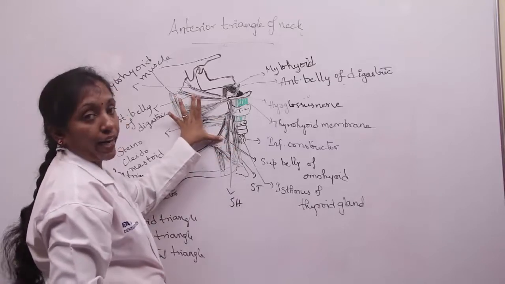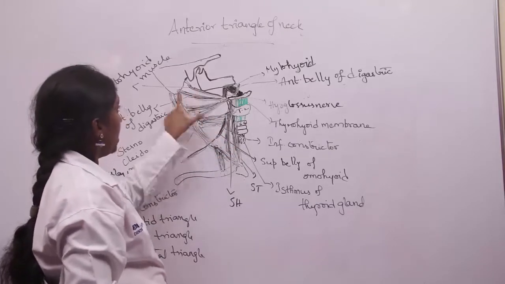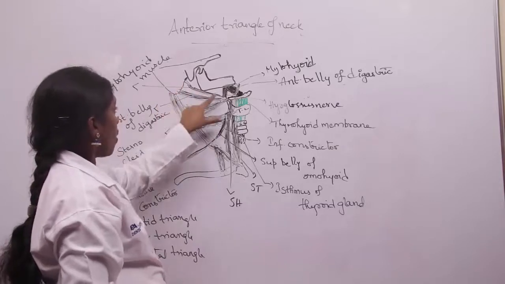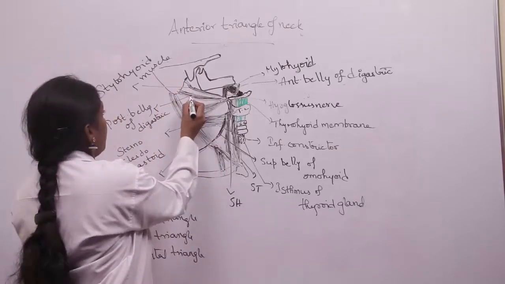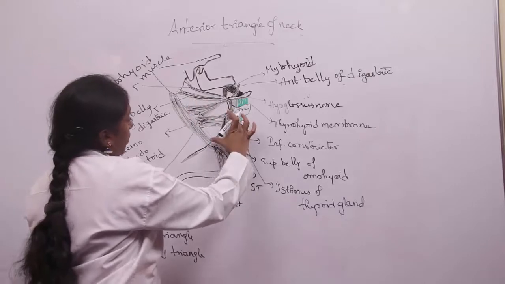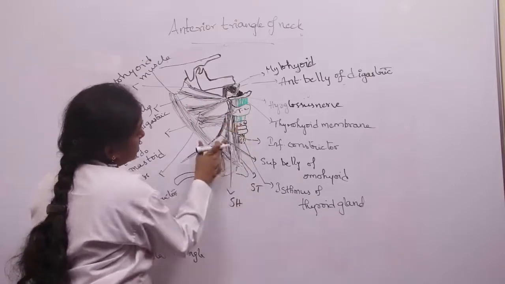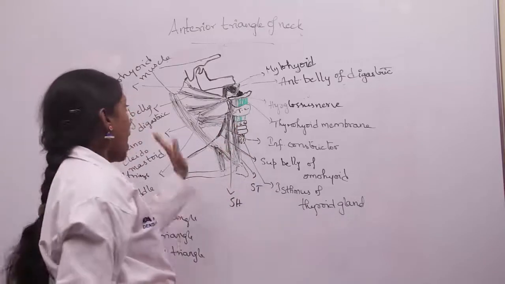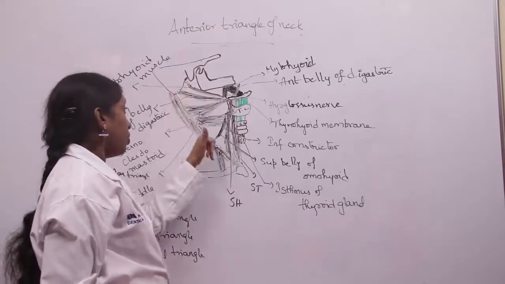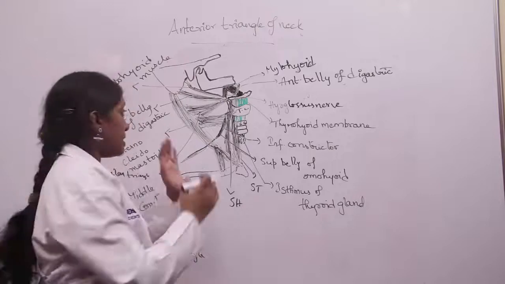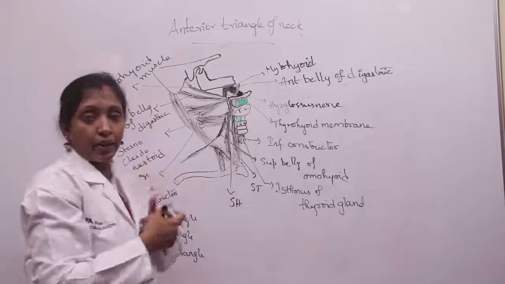This is the carotid triangle. In front and above it is formed by the stylohyoid muscle and posterior belly of digastric. In front and below it is formed by the superior belly of omohyoid, and behind we have the anterior border of sternocleidomastoid. These are the boundaries of the carotid triangle.